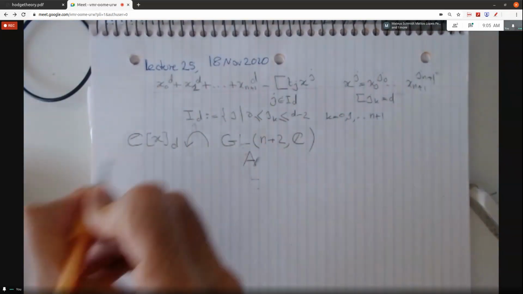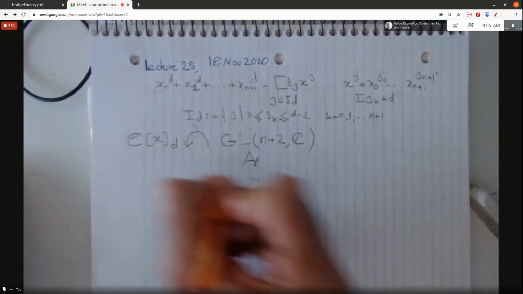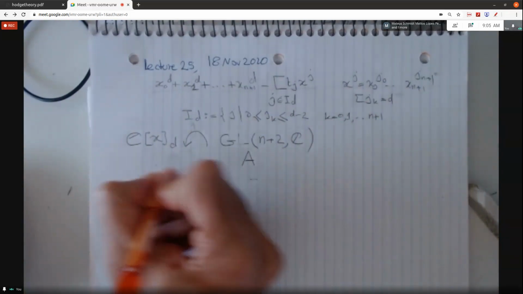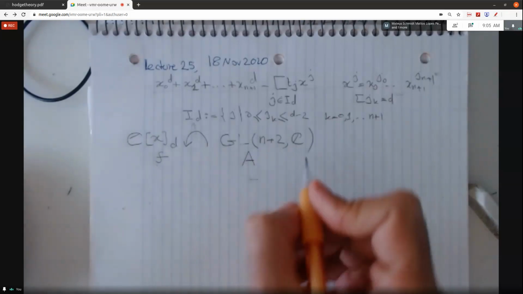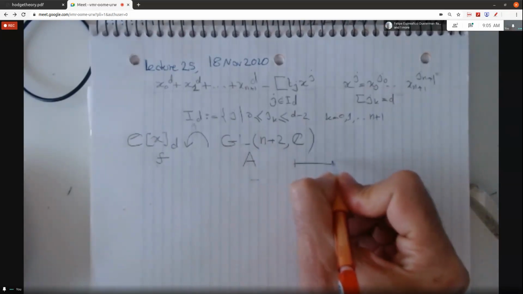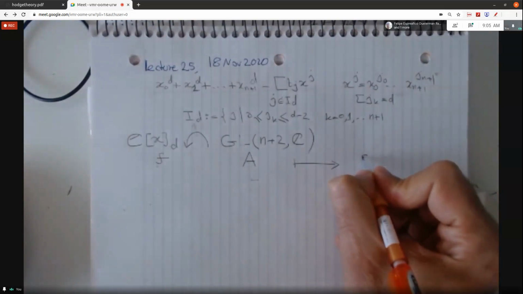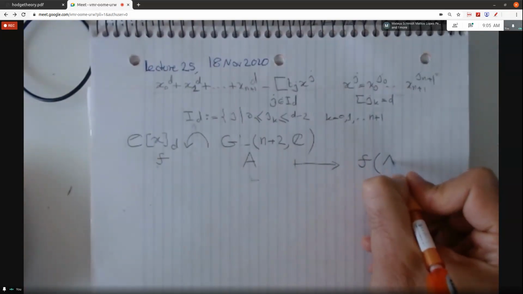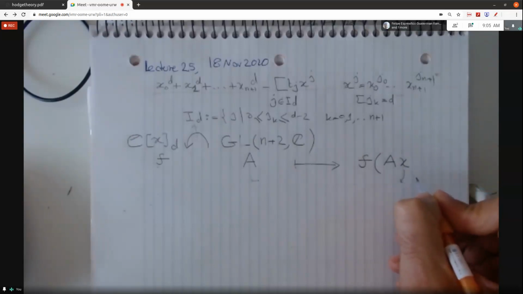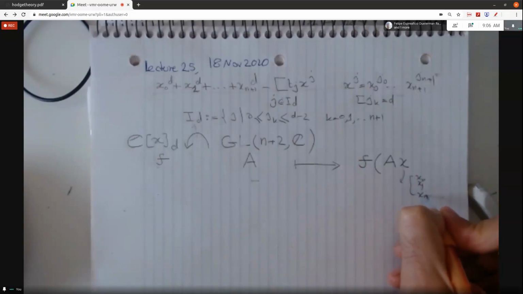So if I have f, I associate something here: f of A acting as a matrix on x. Look at x as x_0, x_1, up to x_{n+1}.